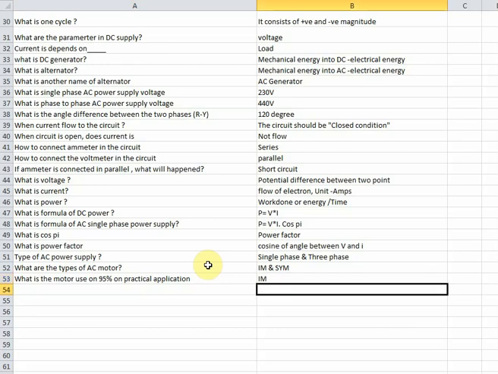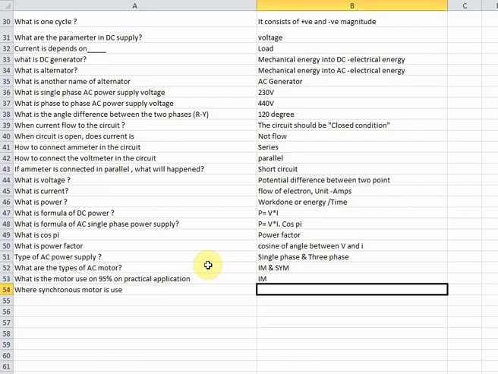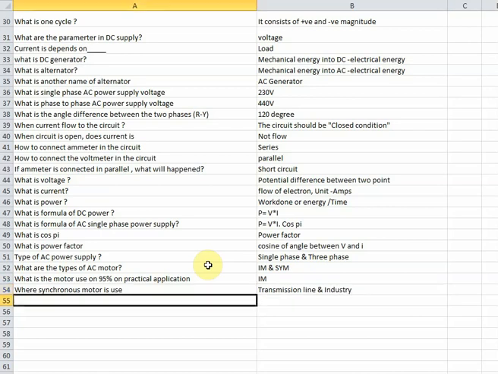So where is the synchronous motor used? Transmission line and industry. Okay, what is another name of induction motor?